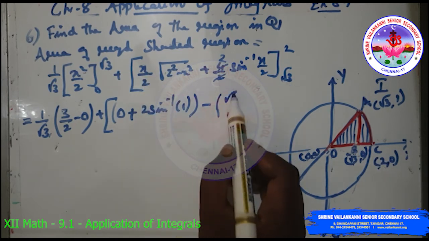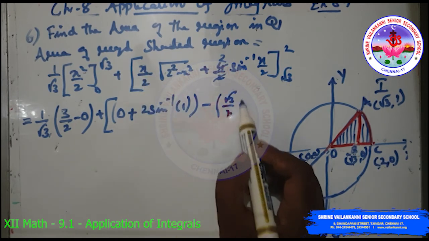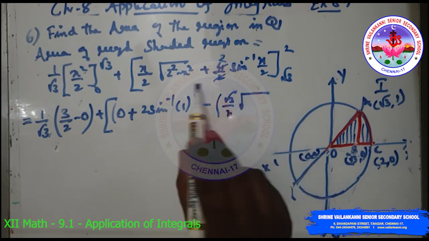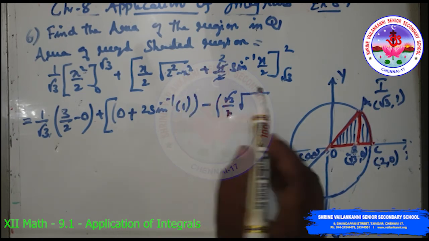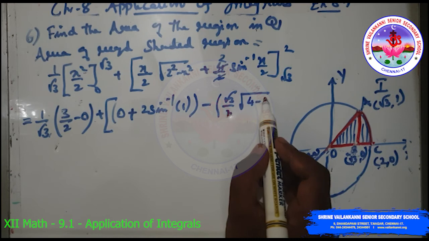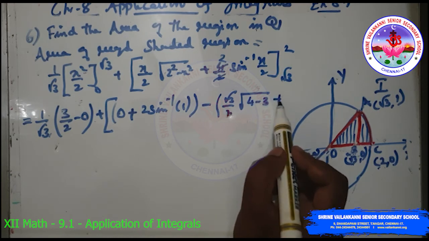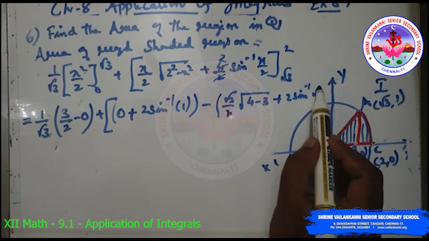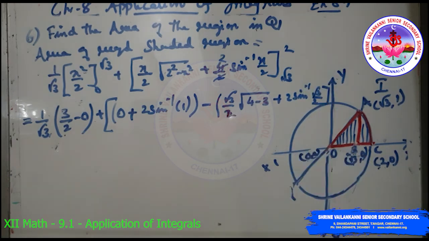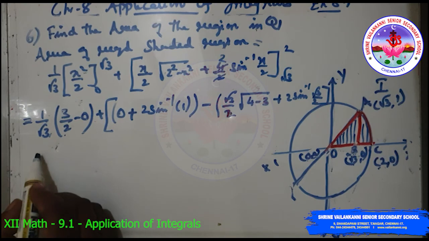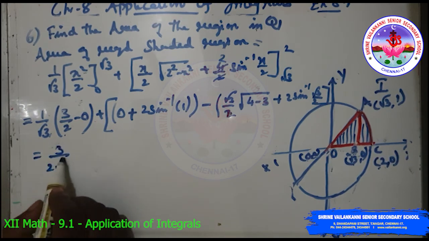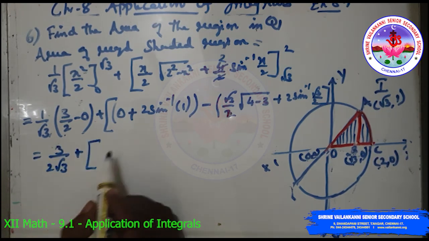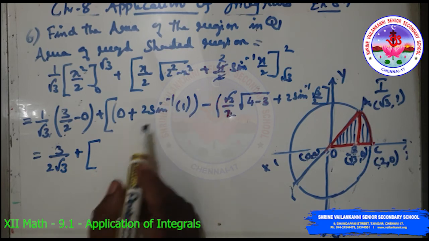So root 3 by 2 into square root of 2 square minus root 3 whole square, that is 4 minus root 3 whole square, which is 3, plus 2 into sine inverse of root 3 by 2. So which is equal to 3 by 2 root 3 plus 2 into sine inverse of 1, which is pi by 2.